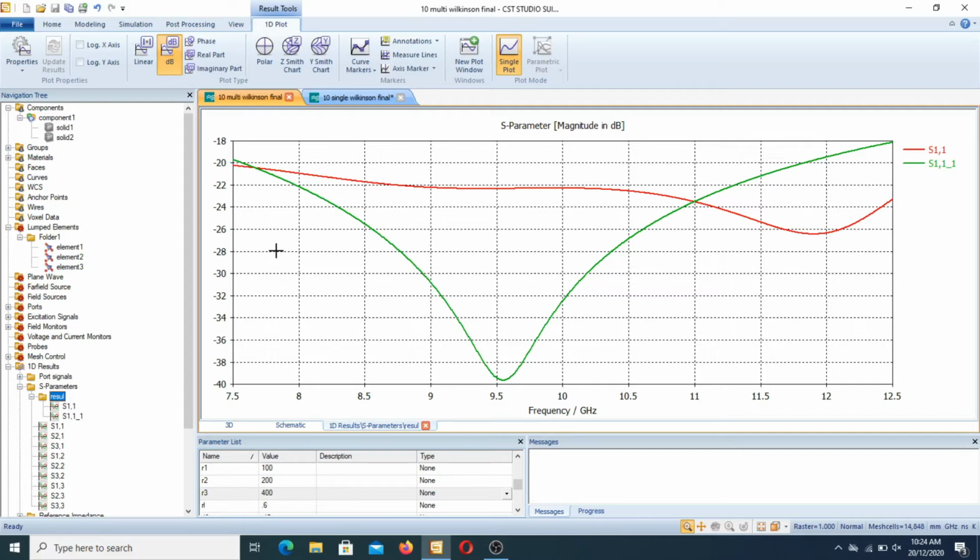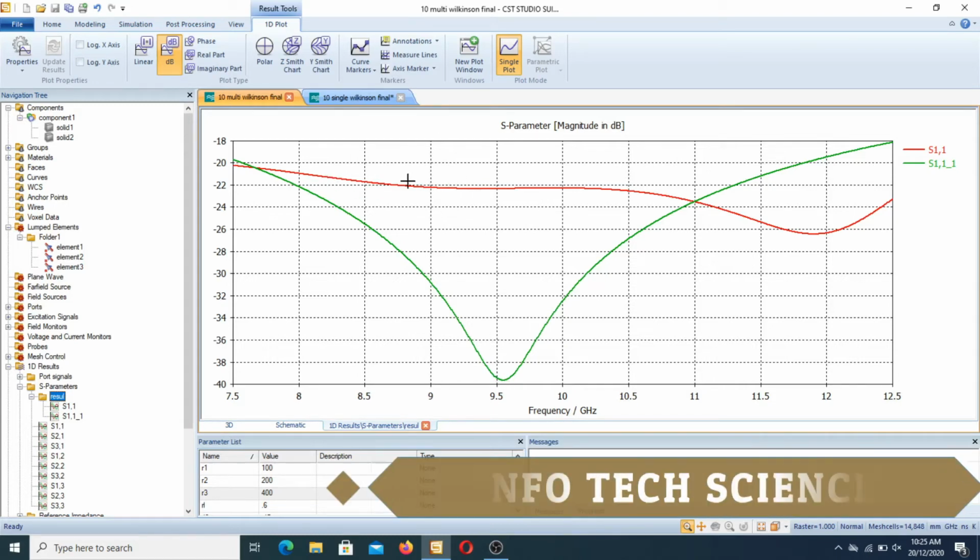It is clearly shown that this red line has consistency and its gain is much better. Return loss is much better as compared to this. They have very good return loss in the middle point, but at the upper end of the red line, it is normal.